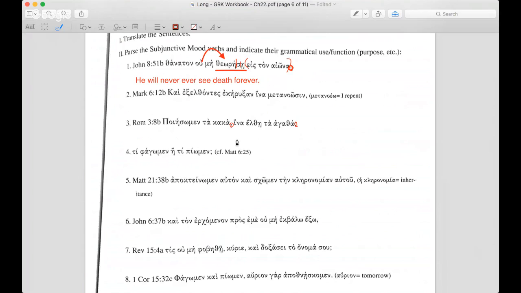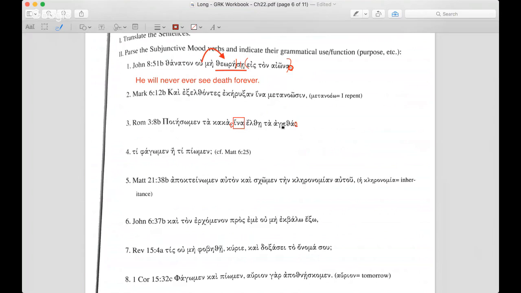Unless, let's look. Ta is not a conjunction, is it? No. Ta is not a conjunction, but hina is. Oh. And it's one of those subordinating conjunctions. It's one of those tricky conjunctions that we've been talking about that often will trigger subjunctive clauses. Okay. So we need to pay attention to that. Whenever you see hina, you're probably dealing with a subjunctive.